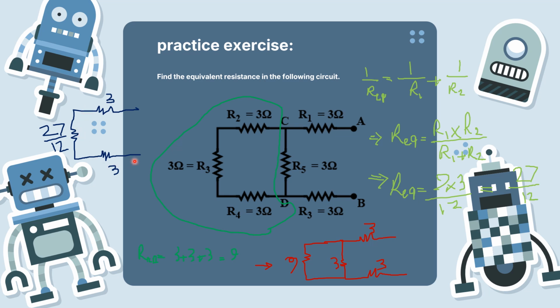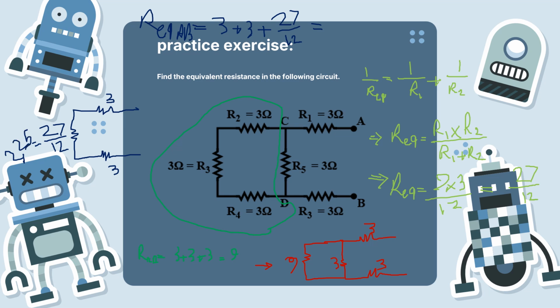So now we have 3 resistors in series combination, and we simply need to add them together. So R equivalent for all, I mean A and B pins, is 3 ohm plus 3 ohm plus 27 divided by 12. 27 divided by 12 is around 2.25 ohm.